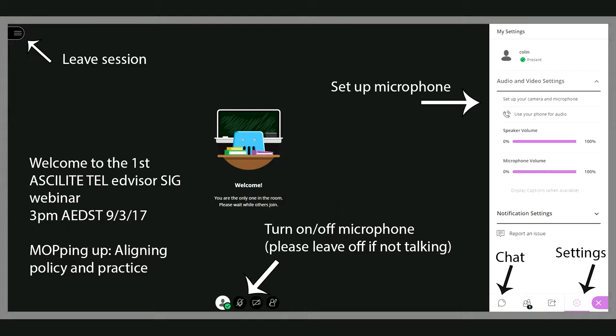Yes, I do, and I believe I can share content. Is that right? That's right, yeah. So just a little share content icon at the bottom right there. Okay, all right. Sorry, I should have had that ready. Just bear with me for a second.